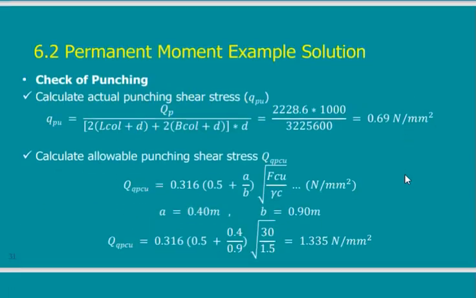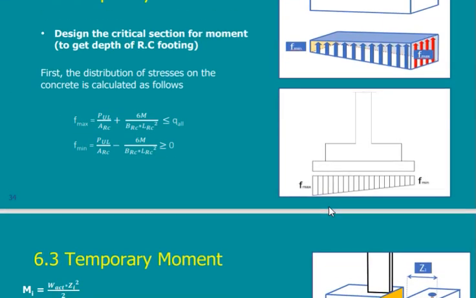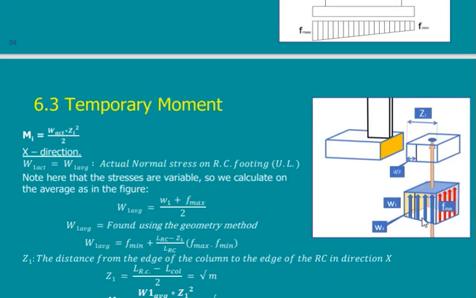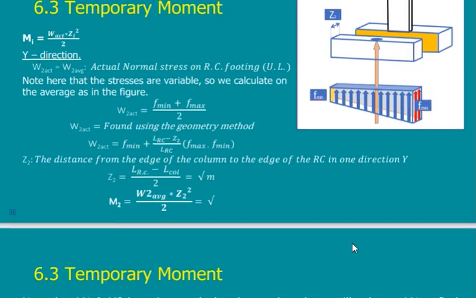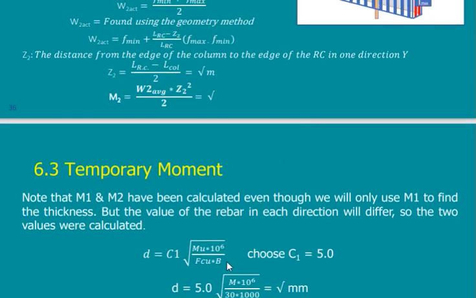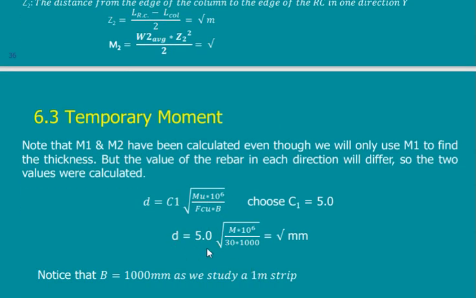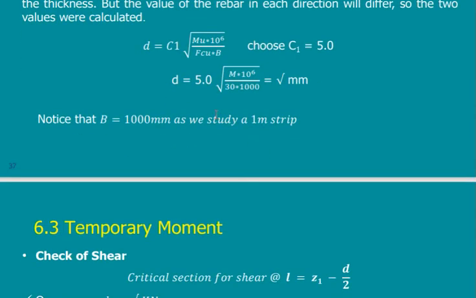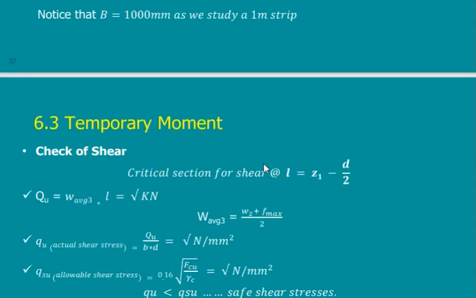We'll go back to our example. Here we said that this is the first moment, this is the second moment. So if I have the first moment and the second moment, I will take the maximum, and calculate the depth. From the depth I calculate the T, then I go to the check of shear.